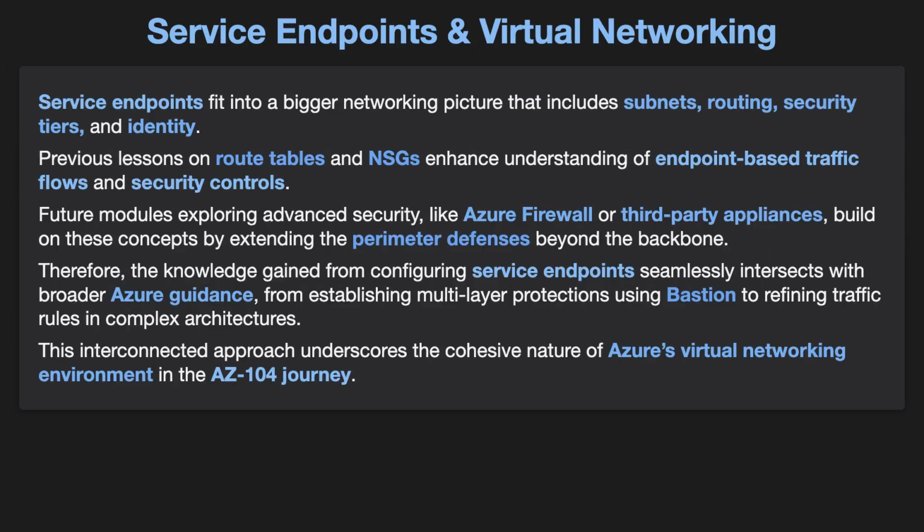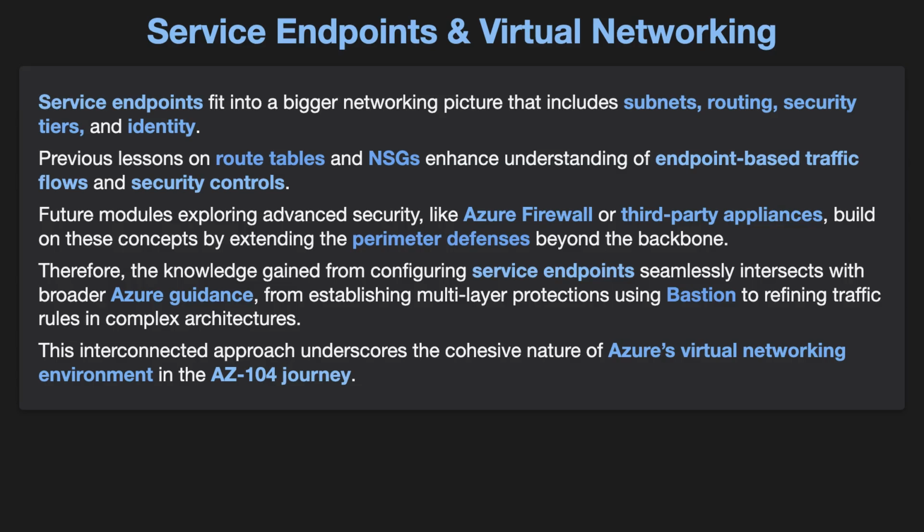Service endpoints fit into a bigger networking picture that includes subnets, routing, security tiers, and identity. Previous lessons on route tables and NSGs enhance understanding of endpoint-based traffic flows and security controls. Future modules exploring advanced security, like Azure Firewall or third-party appliances, build on these concepts by extending the perimeter defenses beyond the backbone.